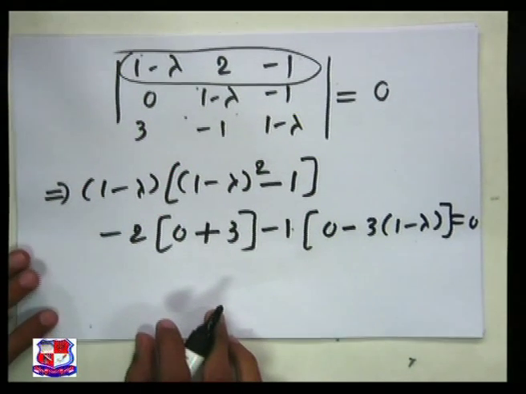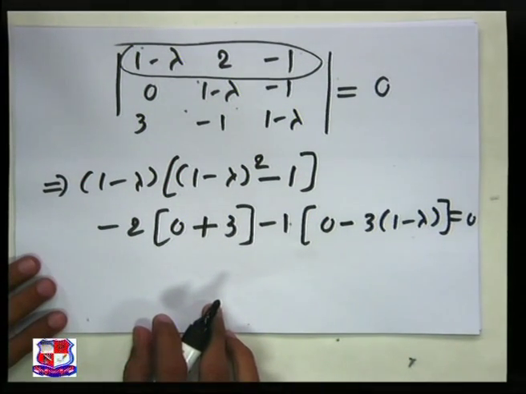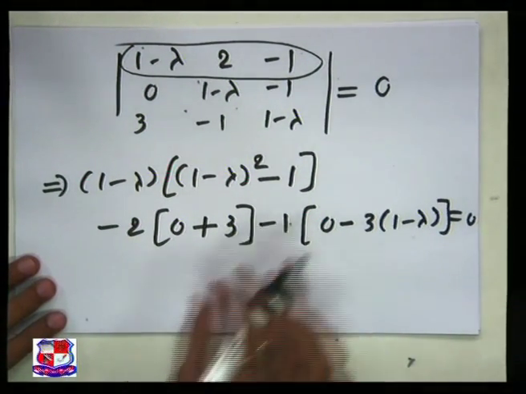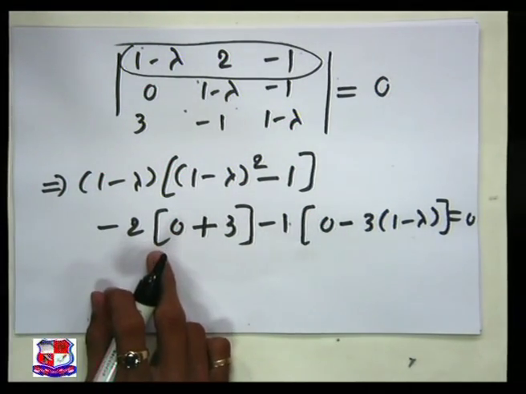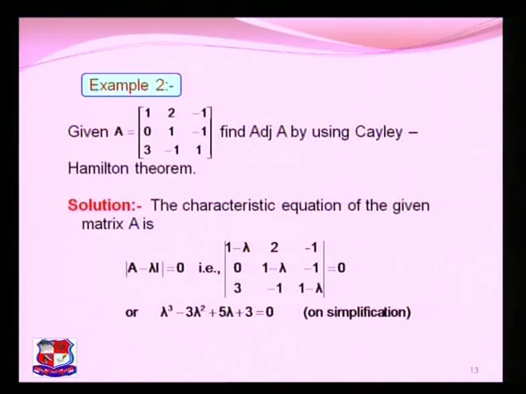And now all students know how to simplify this one. So by simplifying, we get the equation as I have told you in the PPT, lambda cube minus 3 lambda square plus 5 lambda plus 3 is equal to 0. I also explained the simplification of this one. So this is the characteristic equation for the given matrix.